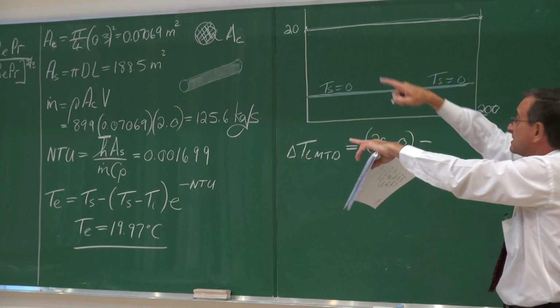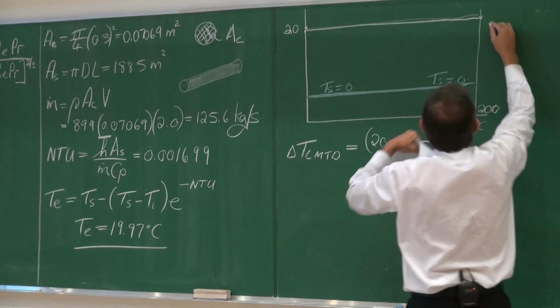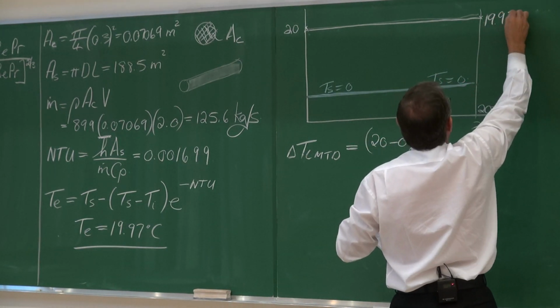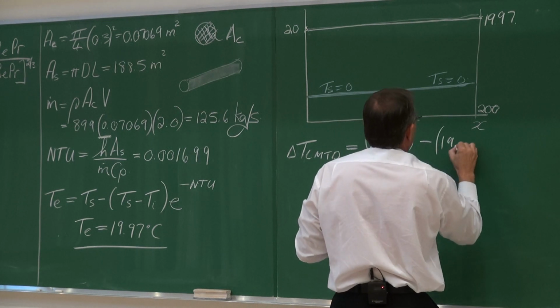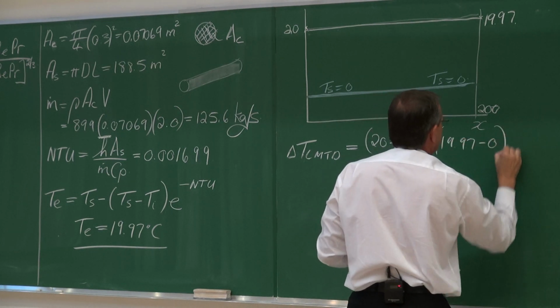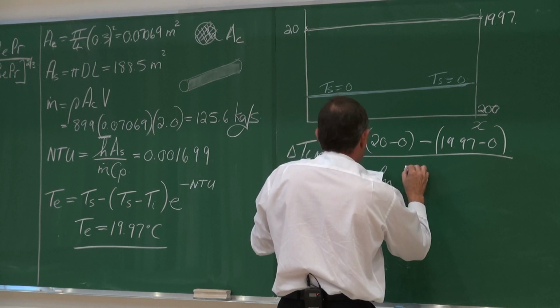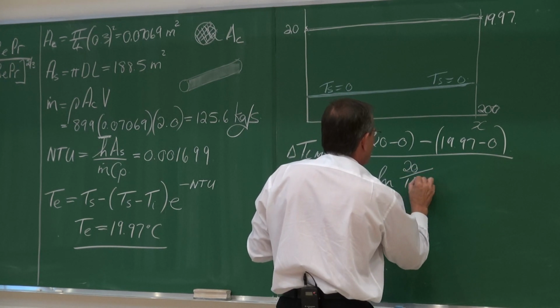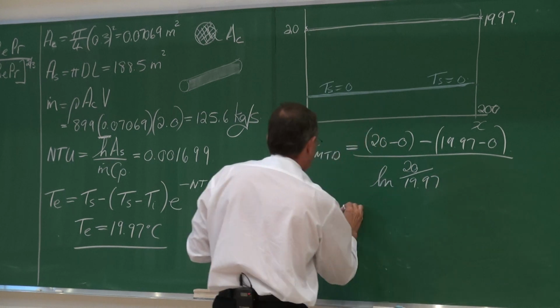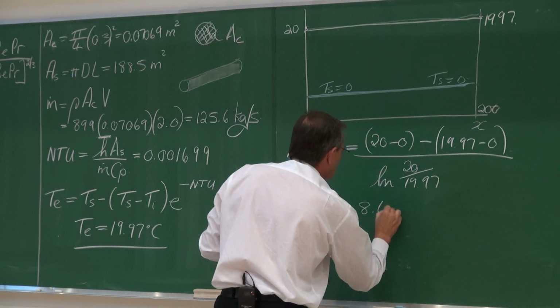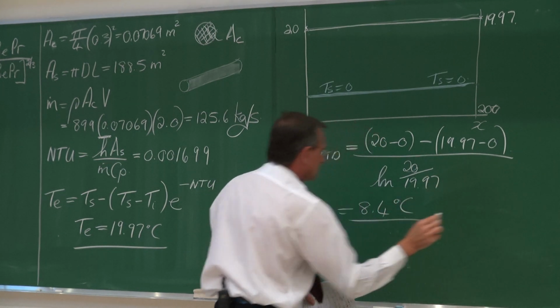That temperature difference minus this temperature difference, 19.97 minus 0, divided by the ln of 20 divided by 19.97. And that is equal to 8.4 degrees Celsius.